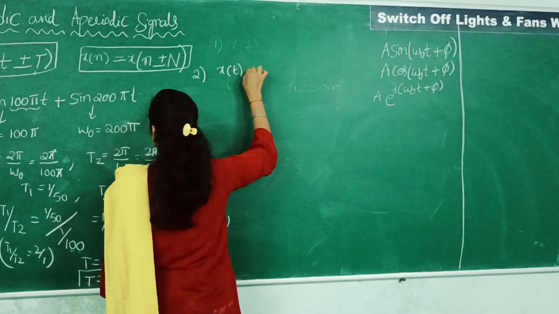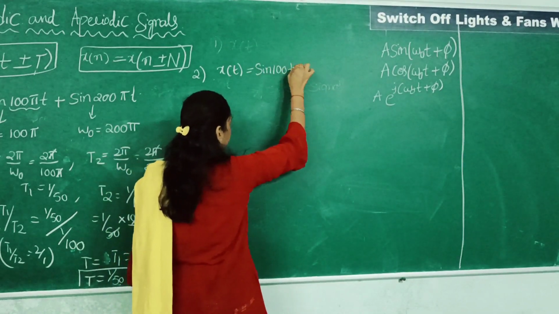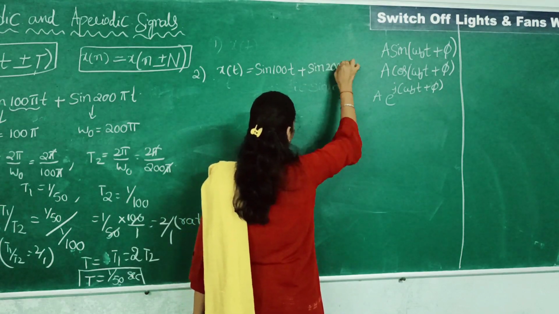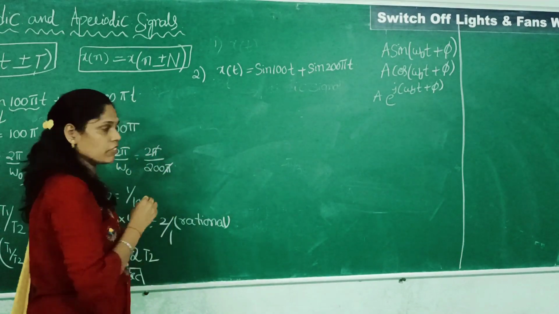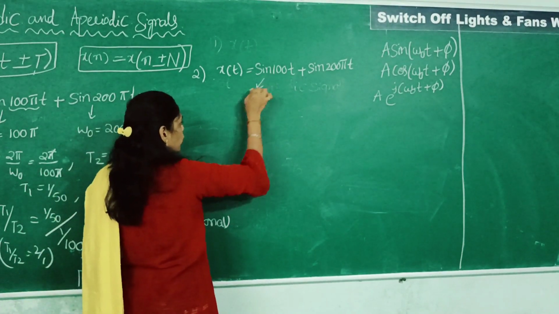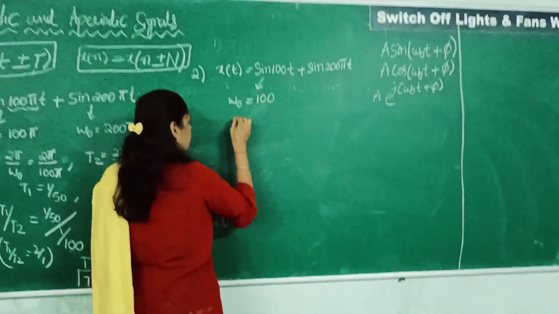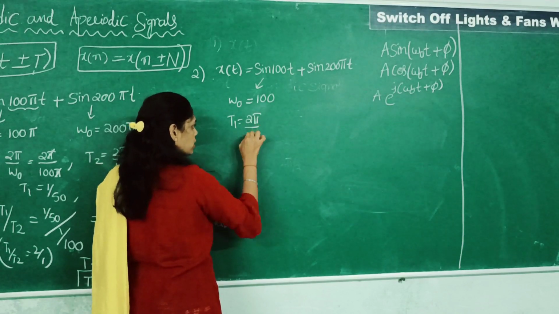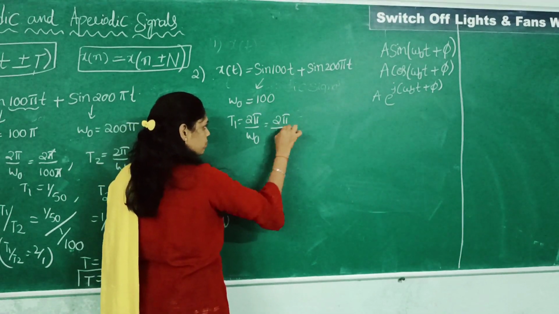Let us take sin 100t plus sin 200 pi t. From this equation, omega naught equals 100. What is T1? The T1 formula is 2 pi by omega naught, that is nothing but 2 pi by 100.